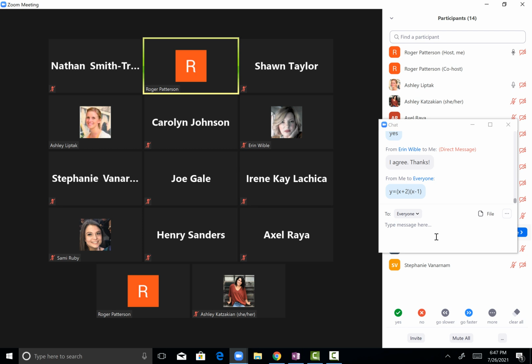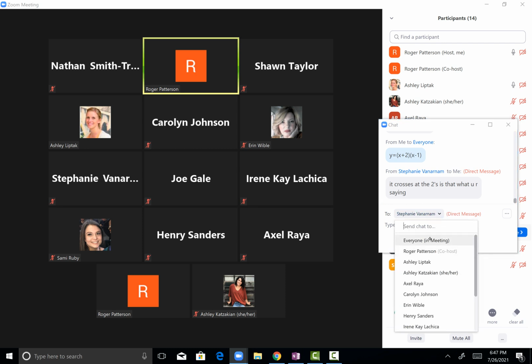So, again, this has a degree of 2. All right, because the highest power is an x squared. All right. So we get a U shape. Now what we're going to do is on that same line, we're going to add to this equation.